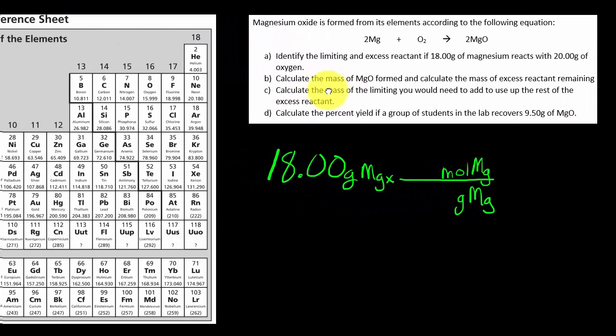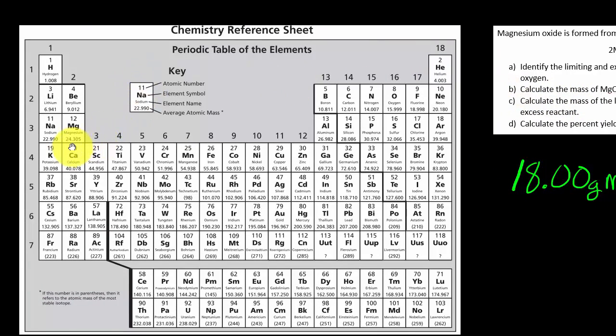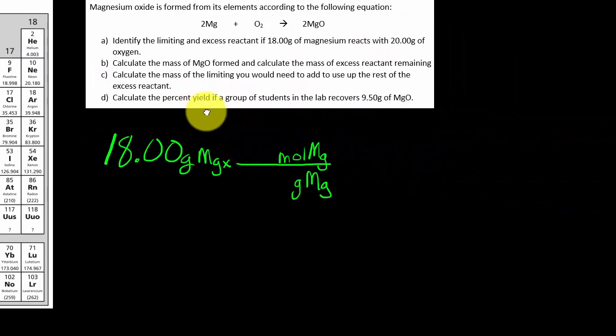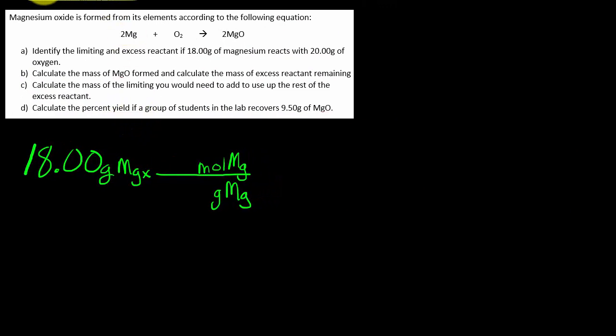We'll come over here and see the molar mass for magnesium is 24.31 when rounded to the hundredths place. And so we'll put that down here, 24.31 to 1 mole of magnesium. Now we're ready for the next step. We're going to go from moles of magnesium to moles of our product, magnesium oxide.